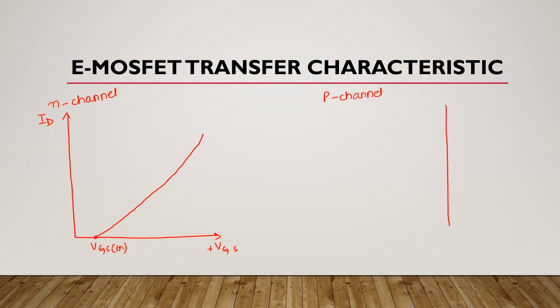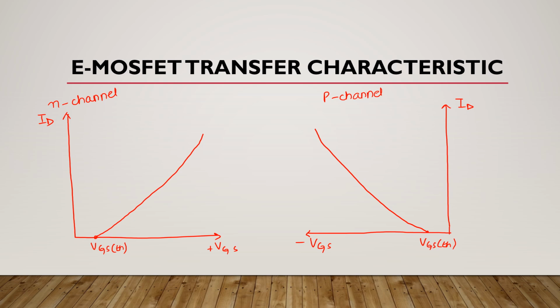So here this curve will be like this, where the variable of y-axis will be drain current and the variable of x-axis will be minus gate to source voltage, and here the curve is like this, where at this point we have threshold voltage.